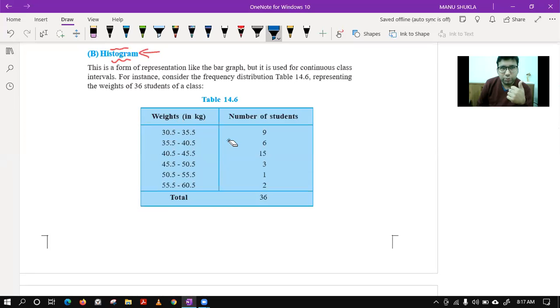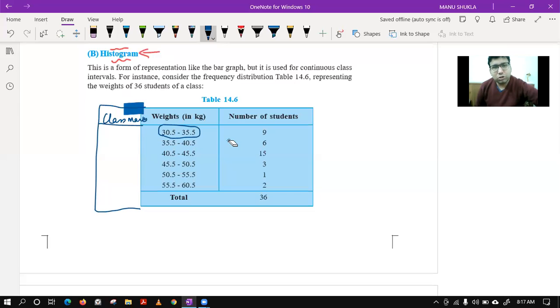Let's make the new column. So we want to add a column that is class marks. Now tell me, class, what is the class mark for this first interval? Please tell me the class mark for this interval.